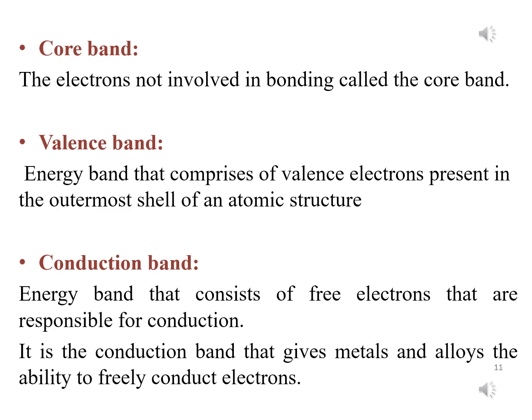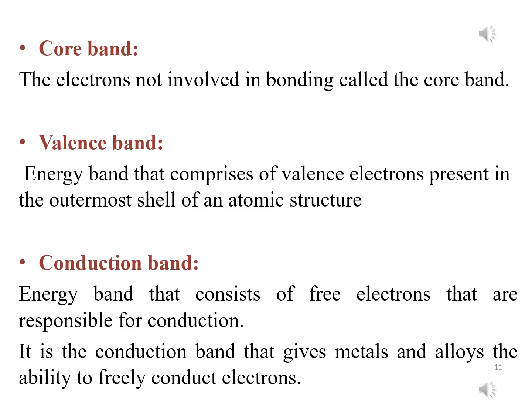A core band is that band in which electrons are not involved in bonding. In our topic, we are considering electrical properties, in which we consider conductors or conduction. In the case of conductors and semiconductors, two bands are involved: one is the valence band and the other is the conduction band.